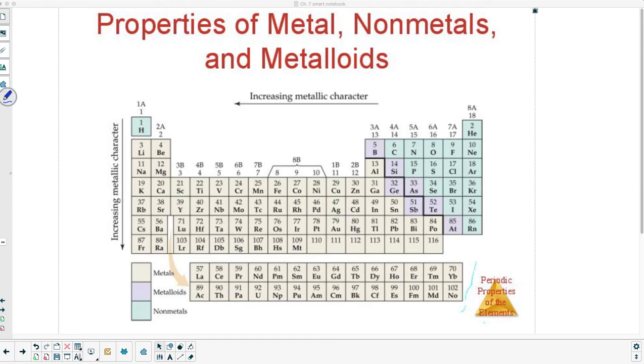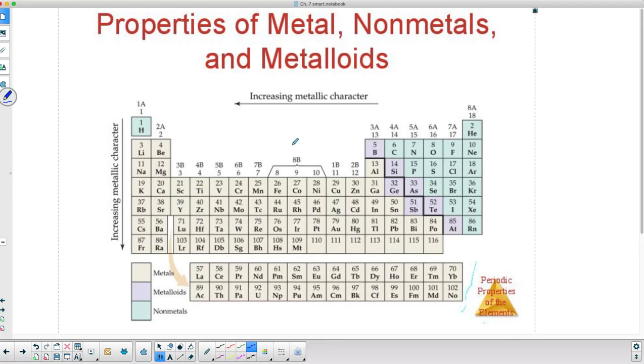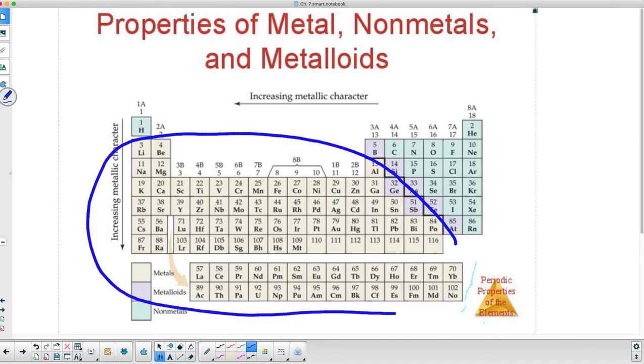The first part of this is about properties of metals, nonmetals, and metalloids. If you take a look at any periodic table, you will see that 75% or more will be metals. So all of these are considered to be metals.